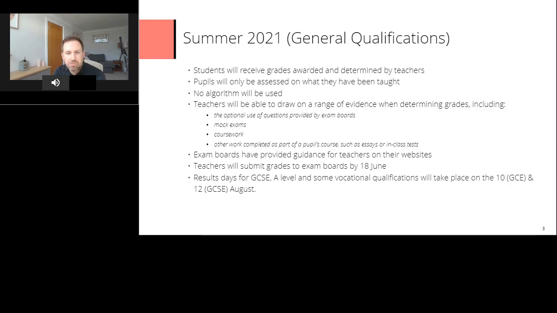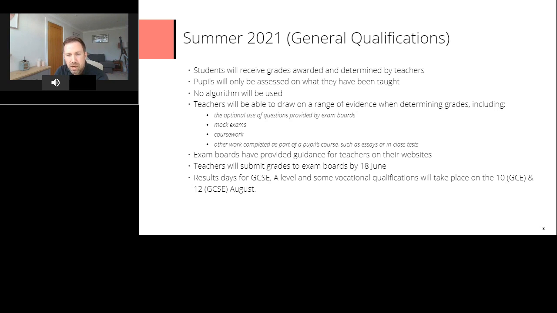So again, just to refresh everyone's memory of the arrangements for this year, as was confirmed, students will receive grades this year awarded and determined by teachers. And a really key principle this year is to ensure that the grades students receive are based on content that the students have been taught, not on what they haven't been able to cover due to any reason related to lockdown, the pandemic in general, and of course the lost teaching and learning that is associated with that.